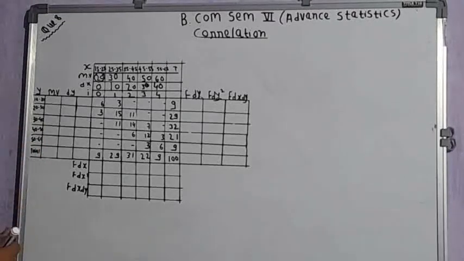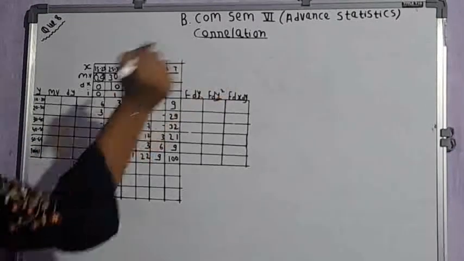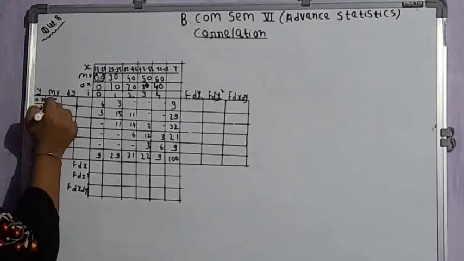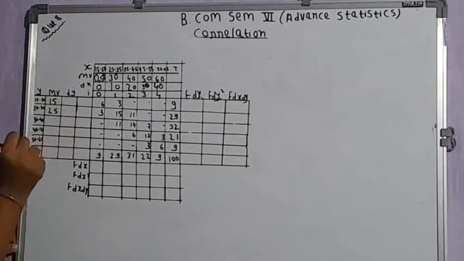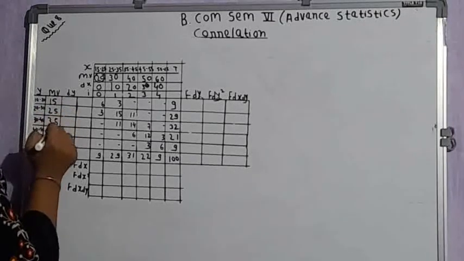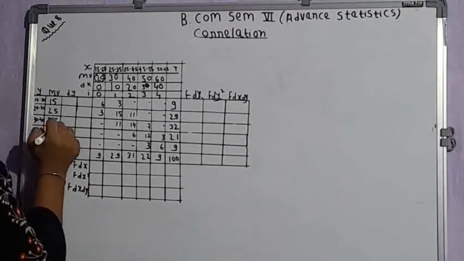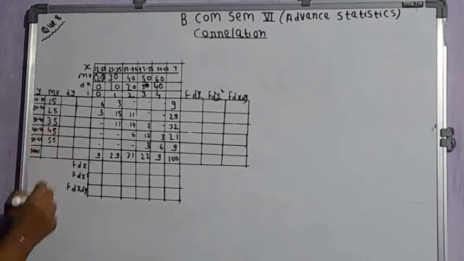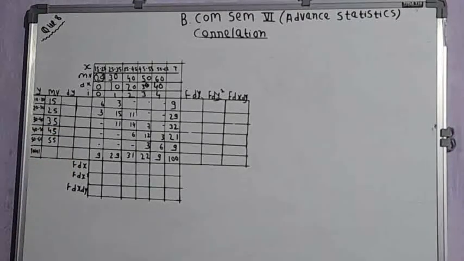So 10 plus 20 divided by 2 would be equal to 15. 20 plus 30 divided by 2 would be 25. 30 plus 40 divided by 2 would be 35. 40 plus 50 divided by 2 would be 45. 50 plus 60 divided by 2 would be 55. So this way we have calculated the middle value.